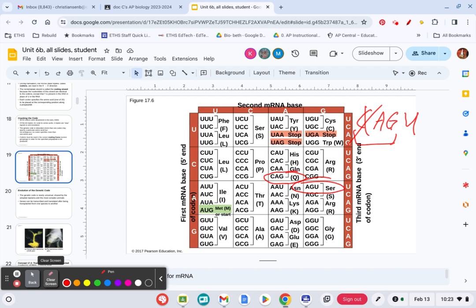So instead of being in the middle of, let's say that's the amino acid, and I got a sequence of a whole bunch of amino acids, right?